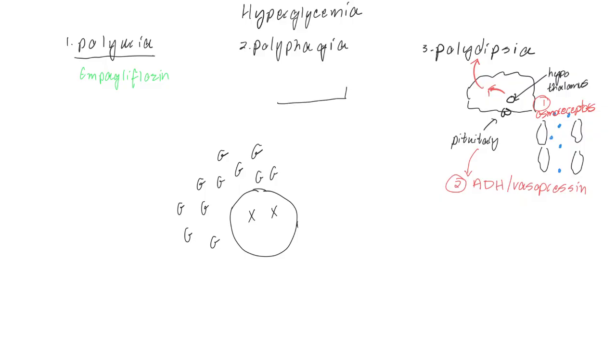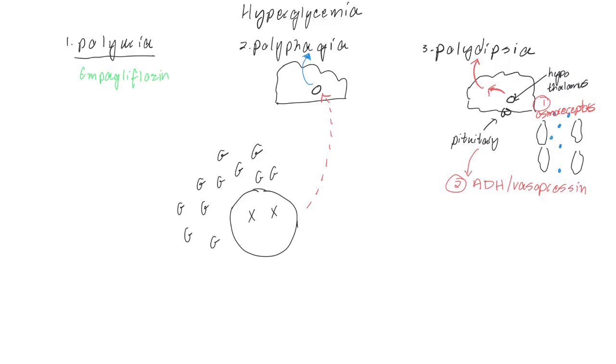So I'm going to draw the brain again under polyphagia with the hypothalamus. A signal gets sent up to the hypothalamus that the cells are starving for energy. And then the hypothalamus sends a message to the hunger center of the brain and alerts the person that they are very hungry. It tells the person to be very hungry. And that's what polyphagia is.